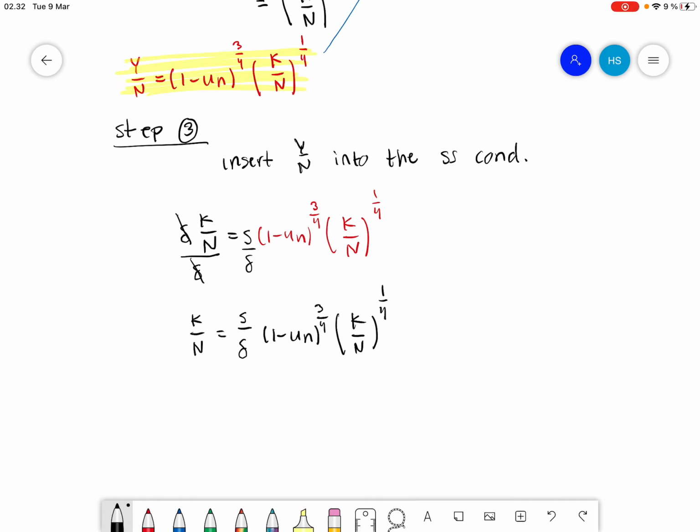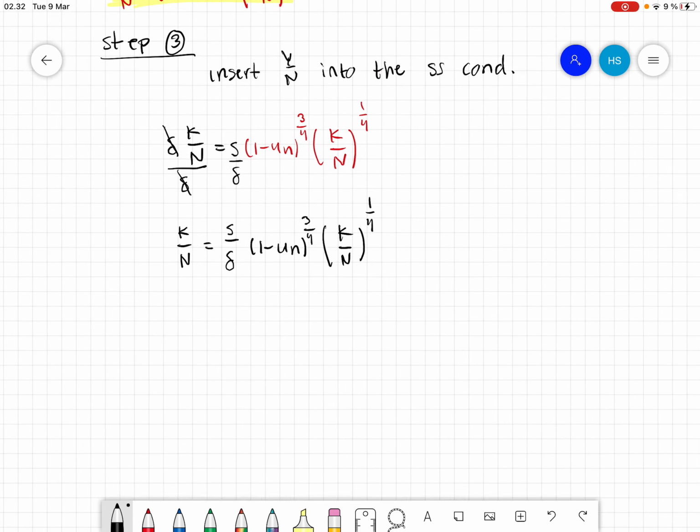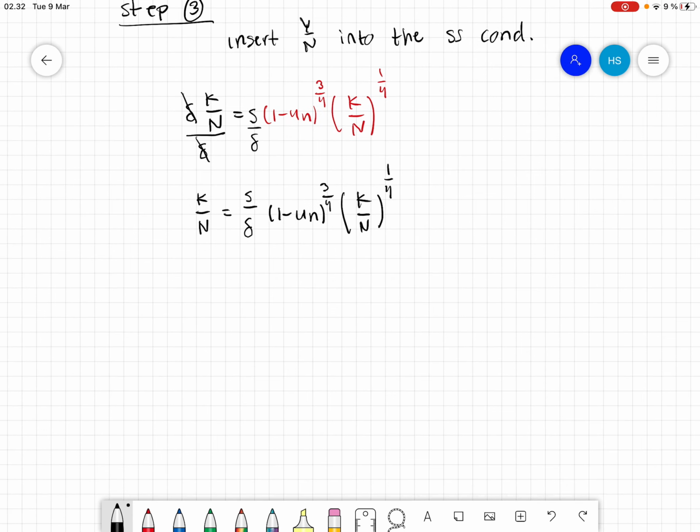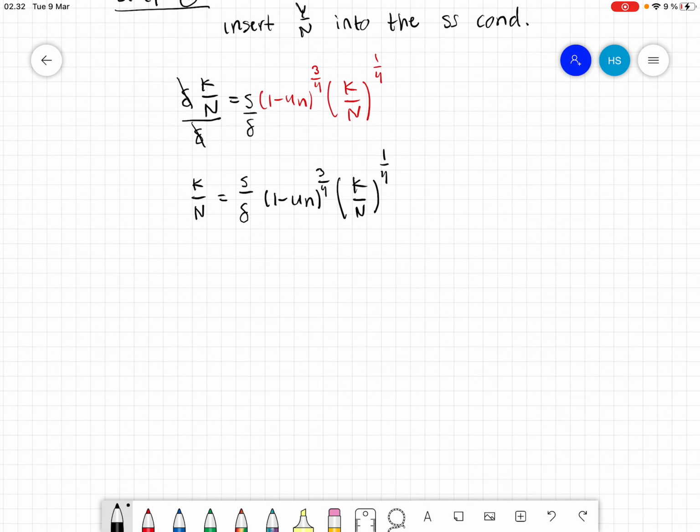Now we would like to solve for the capital stock per worker in steady state. How do we do that?